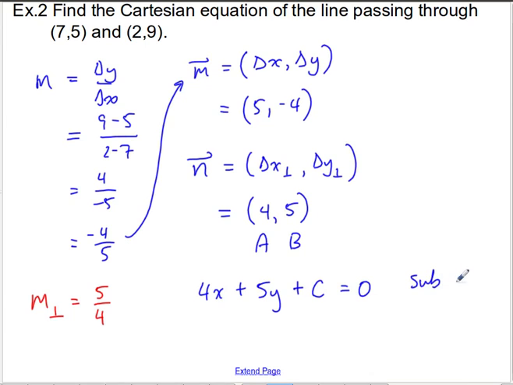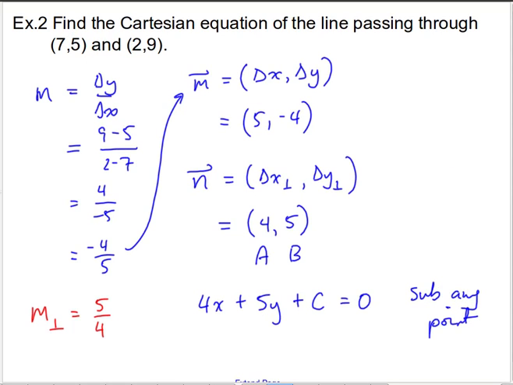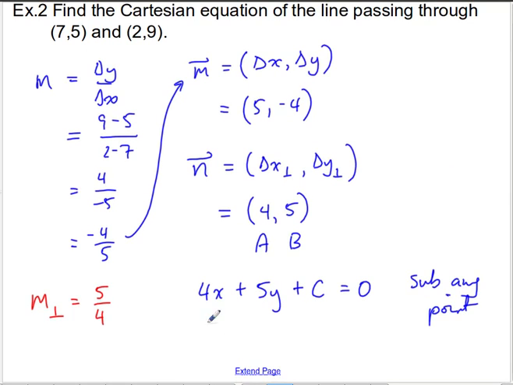And as I did before, I can sub any point. I'm not going to get picky about it. I'm just going to sub 7, 5. So I get 4 times 7 plus 5 times 5 plus c equals 0.